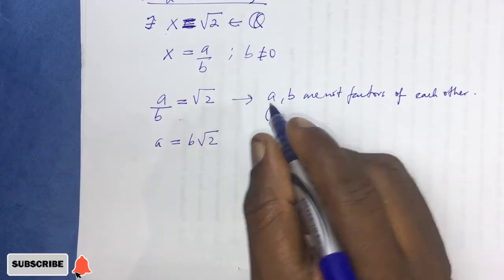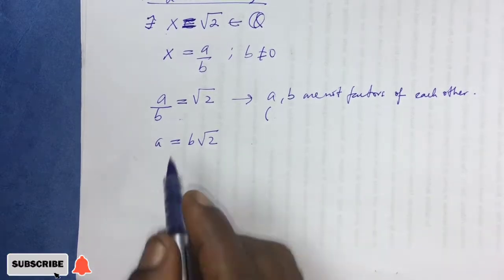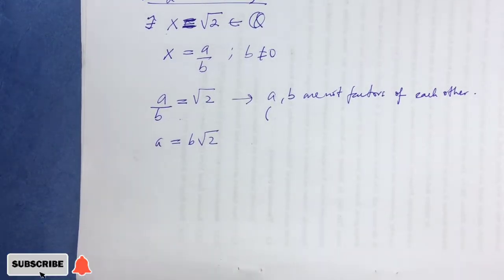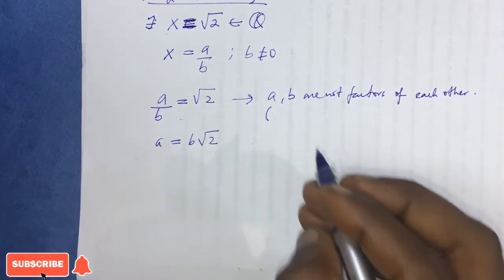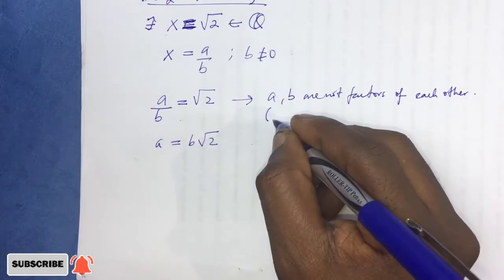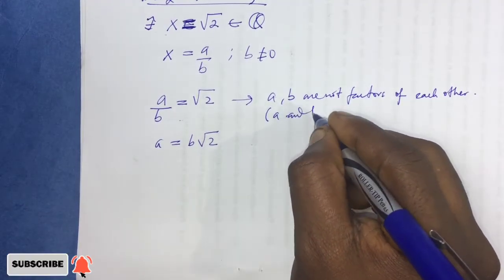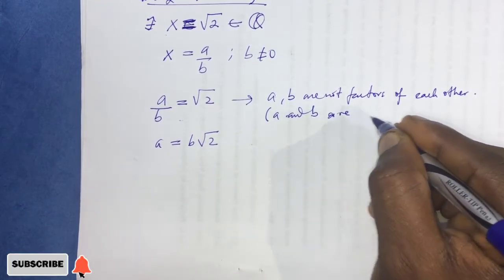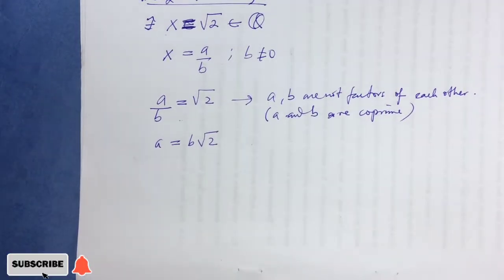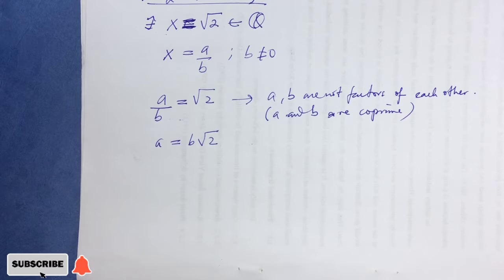It means that a over b is the simplest form of square root of 2, if we can actually express square root of 2 as a ratio of two integers. So a and b are co-prime. Two numbers are co-prime when they are not factors of each other. That is what we mean.